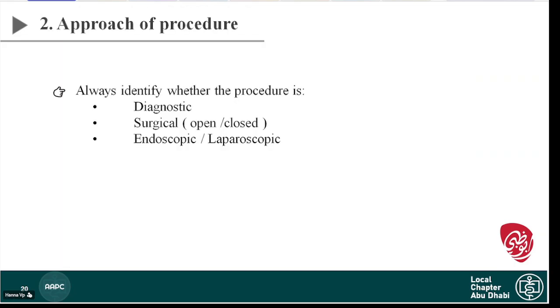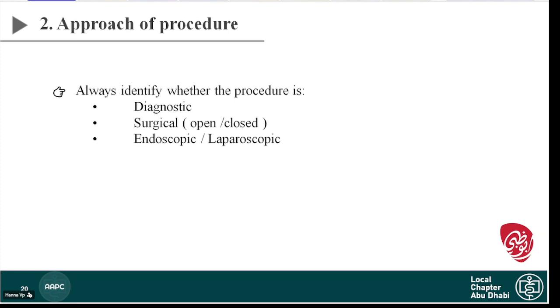This is the first thing you should note. Next, the approach of the procedure you should find out from the scenario. For every patient with different conditions, the doctors give different treatment services. I already told you about the approach from the beginning: open, closed, surgical, endoscopy, diagnostic and all.